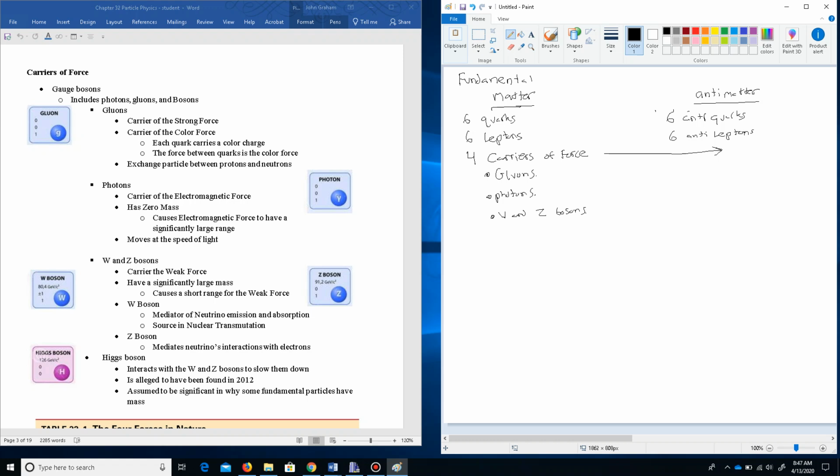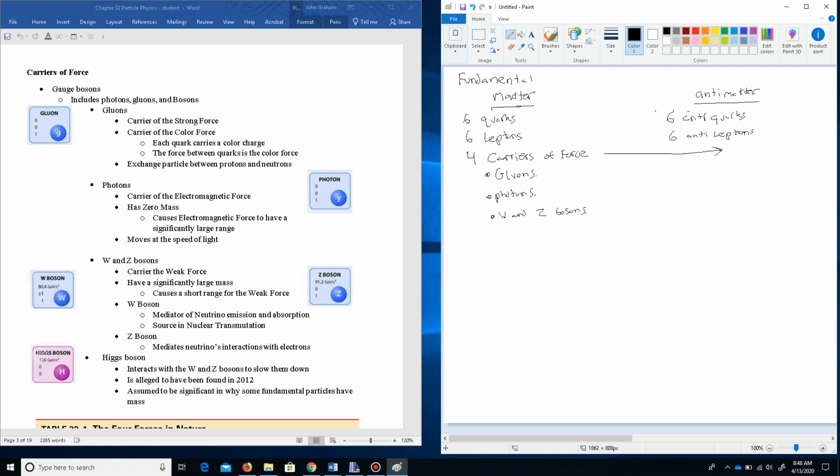And you see that we have the W boson over here is about 80.4 GeV, while the Z boson is about 91.2 GeV. The W boson, you see, has a positive and negative charge, while the Z boson does not. Right. So this large mass causes a short range for the weak force.